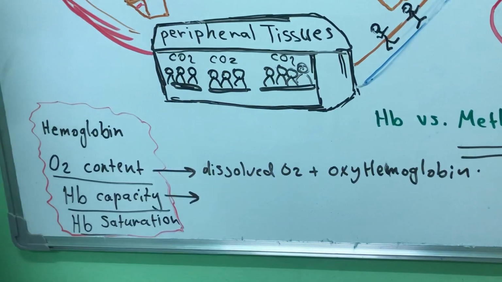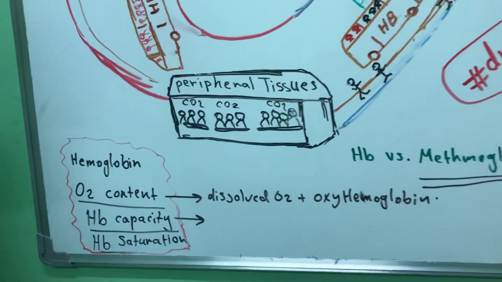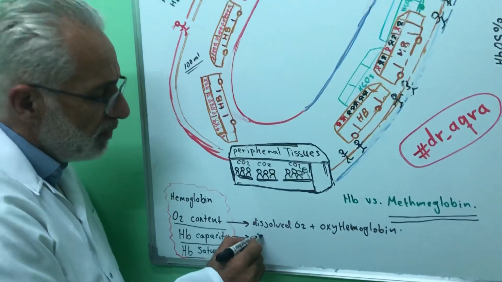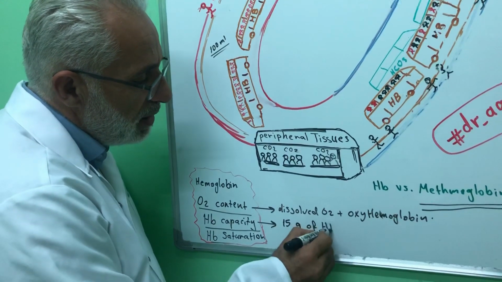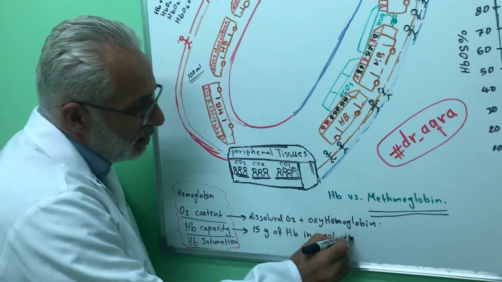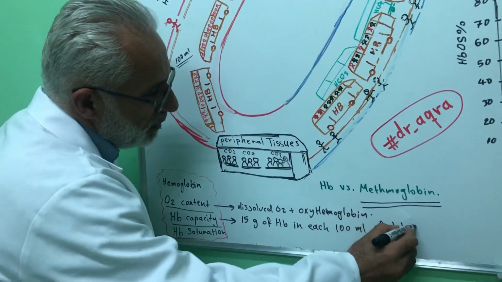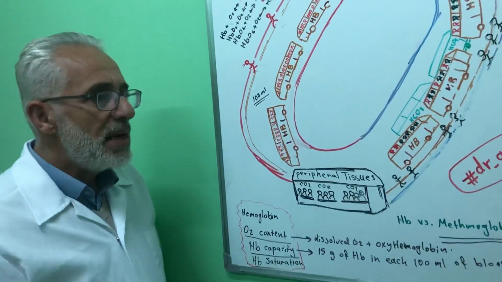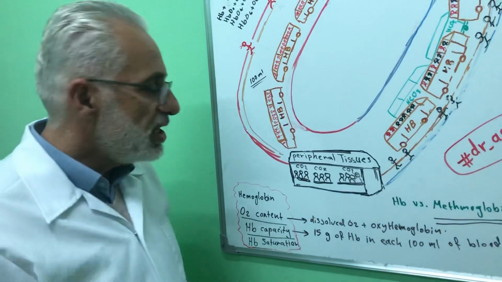There are about 15 grams of hemoglobin in each 100 milliliters of blood, and each gram of hemoglobin is capable of carrying 1.39 milliliters of oxygen.